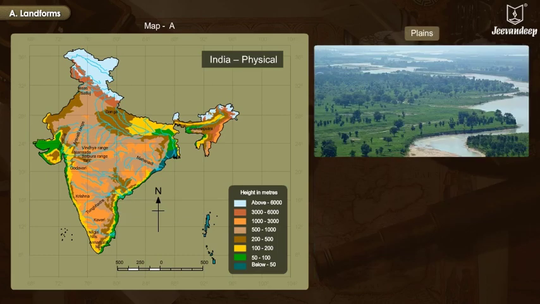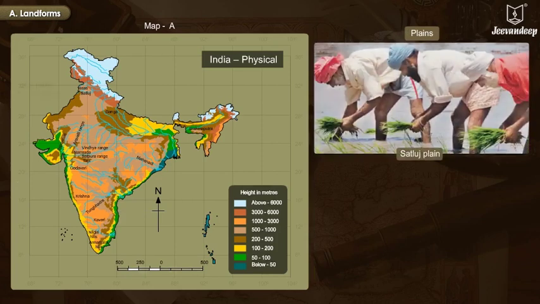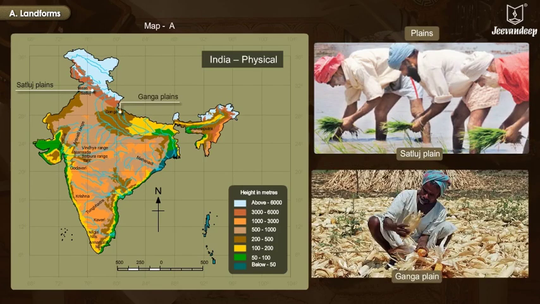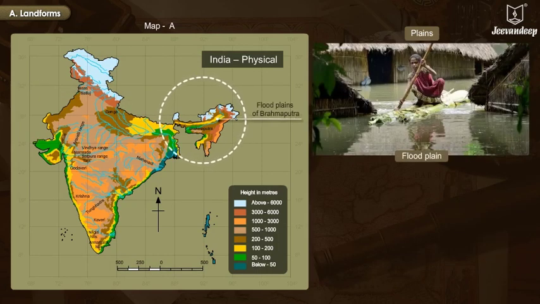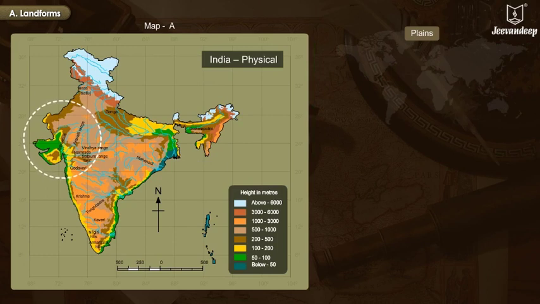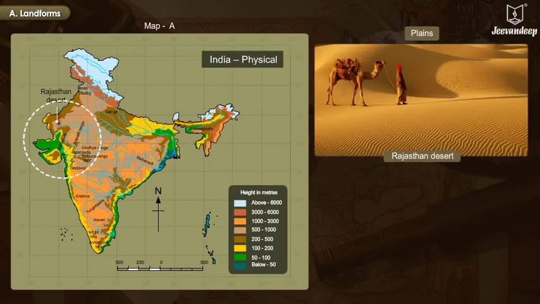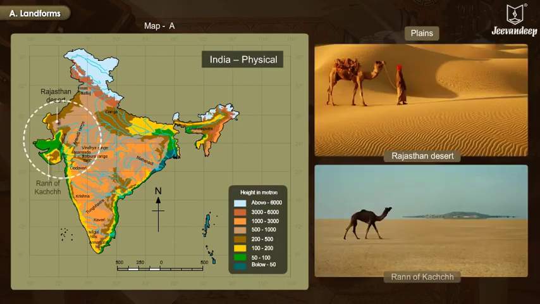Plains. In the north, we see Satluj and Ganga plains. In the northeast, there are floodplains of Brahmaputra. In the west, we see Rajasthan desert and marshy land of Rann of Kutch.